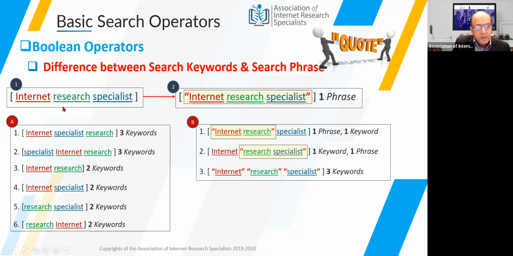You would notice that the sequence in which these words are placed can be changed. So the search engine may just use it in the sequence or bring results that have something that says internet specialist and then the word research somewhere there. It could start shuffling not only the terms, but will be more selective in making pairs or making its own phrase depending on which of the words together are more popular.